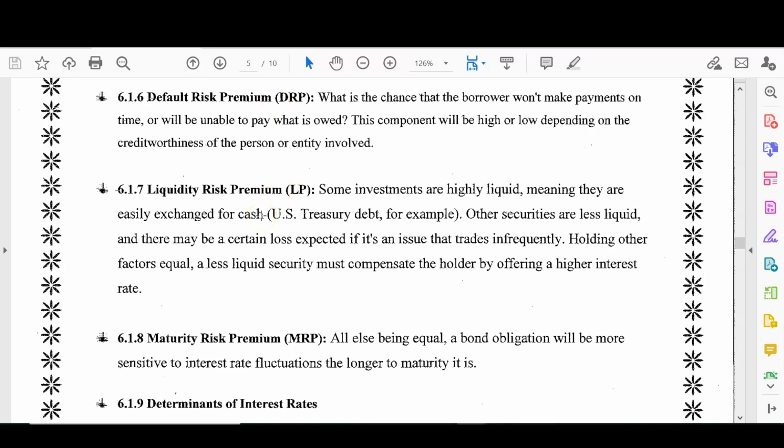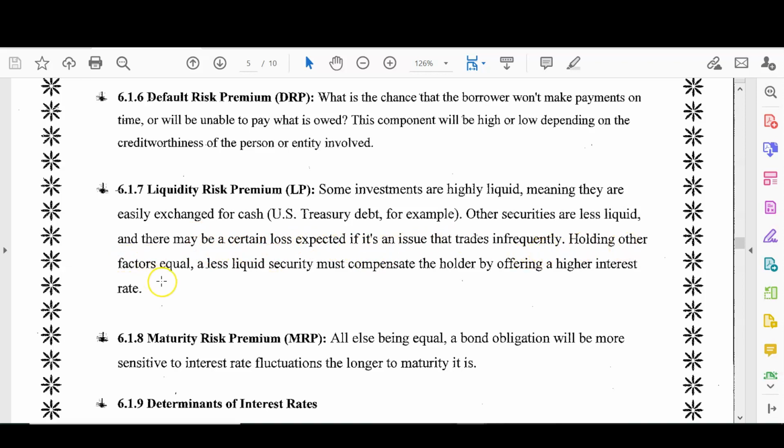The next premium is liquidity risk premium. This is the risk of not being able to sell the bond in the market and get cash. Some investments are highly liquid, meaning they are easily exchanged for cash, such as U.S. Treasury debt, for example. Other securities are less liquid, and there may be a certain loss expected if it's an issue that trades infrequently.